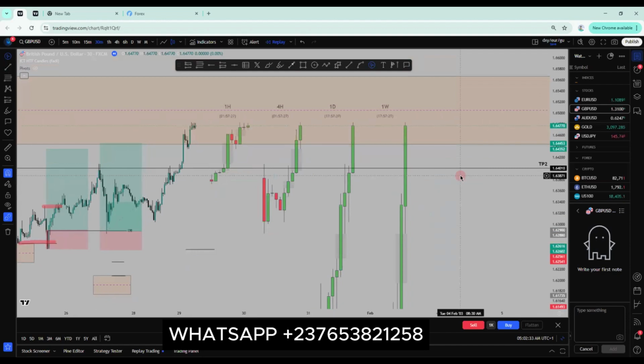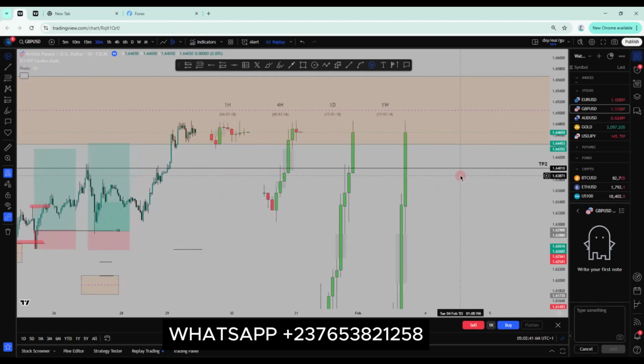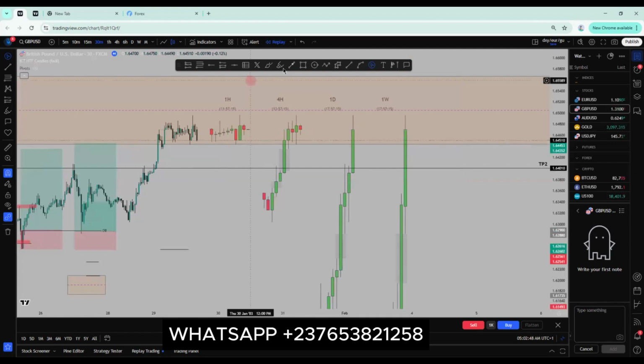So we really want to see the 4-hour give us a reason to actually expect that reversal. I think you can see the 4-hour is not giving us any clues yet.